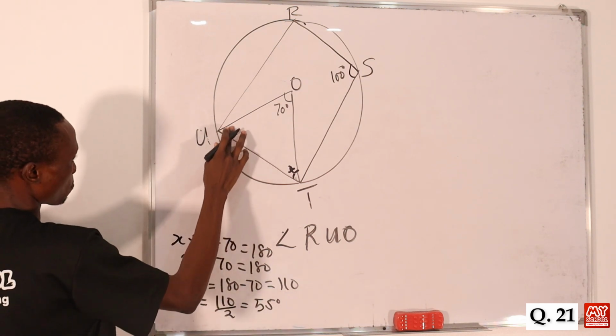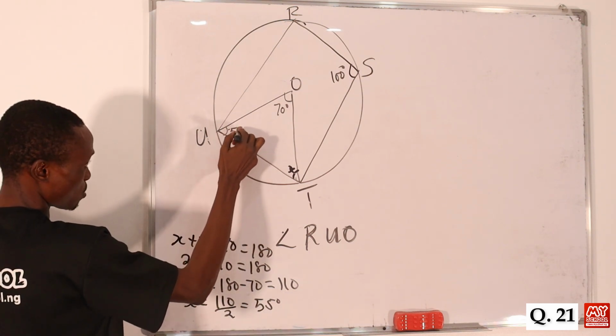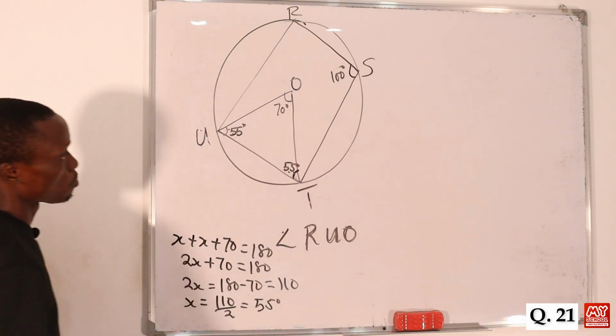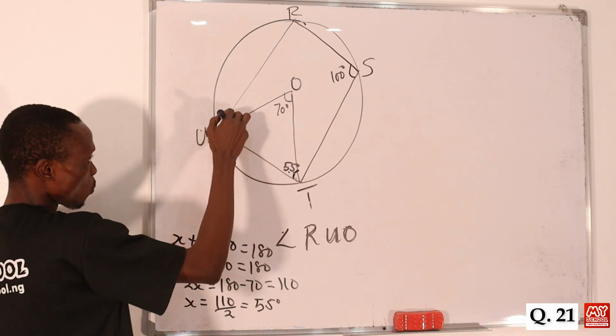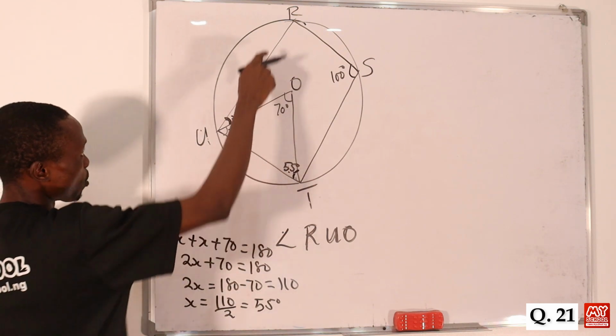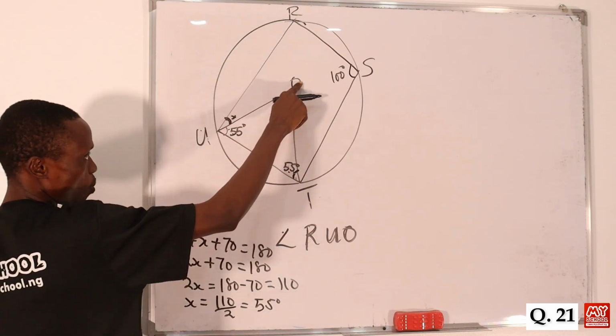So this angle here is 55 degrees, and this one here is 55 degrees. But we are not done, because we are looking for what should be here, angle ROU.